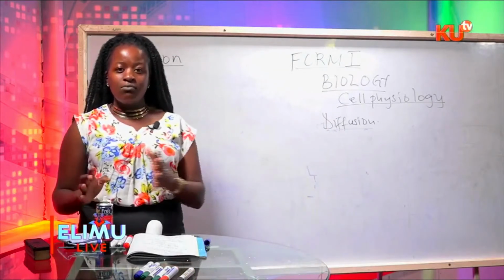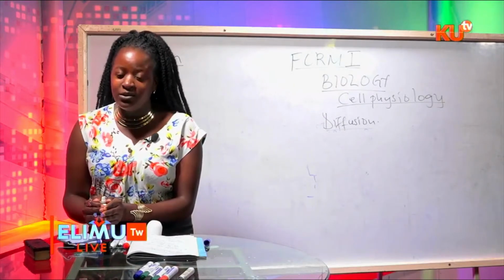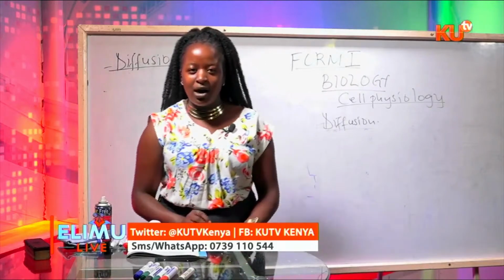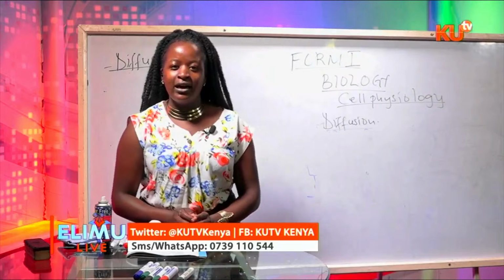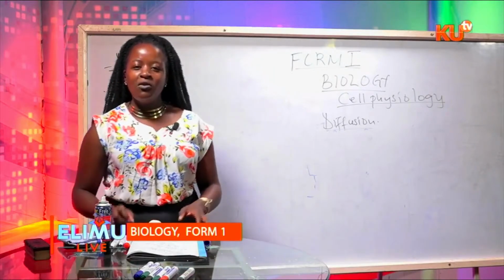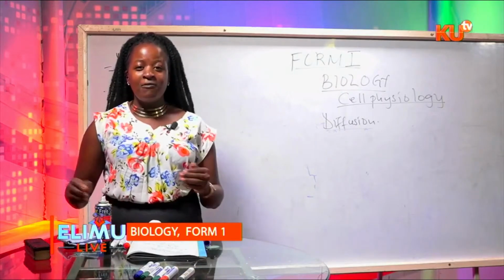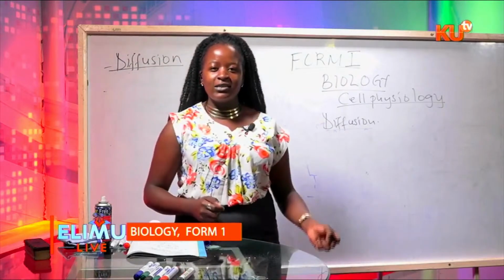The snow has moved from this container where it is in great amounts to another area where it is in less amount. And this is simply diffusion. And so, diffusion is the movement of particles from a region of high concentration to a region of low concentration.